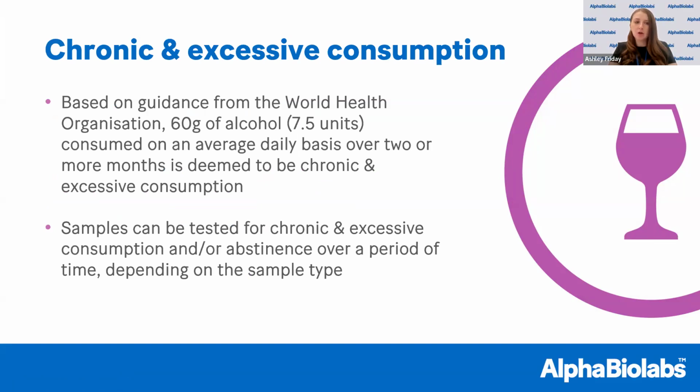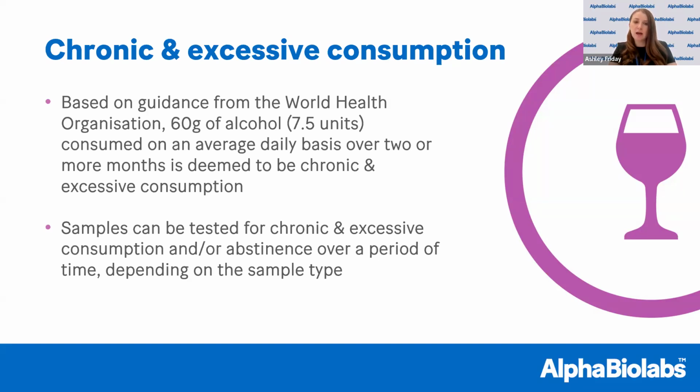And just to put a bit of context to that, the World Health Organization define chronic and excessive consumption as consuming more than 7.5 units on average on a daily basis for two or more months. So this is what we're looking at. We can, as we talk, offer other types of testing which is lower than chronic and excessive, but when we're looking at head hair, this is what we're referring to.